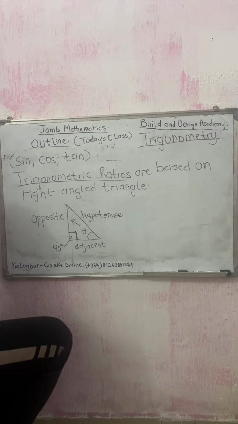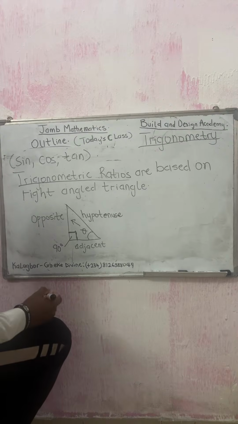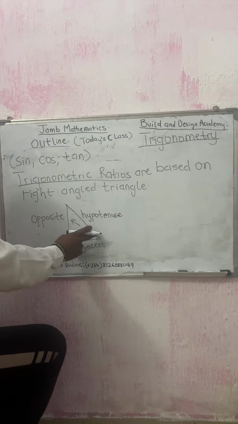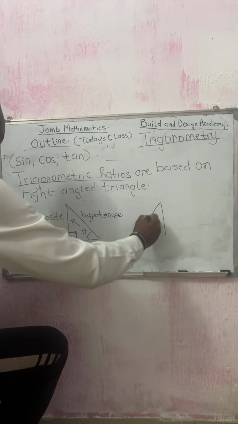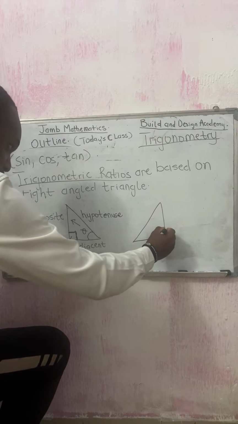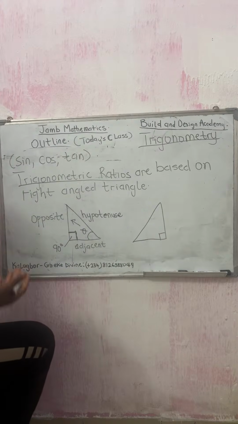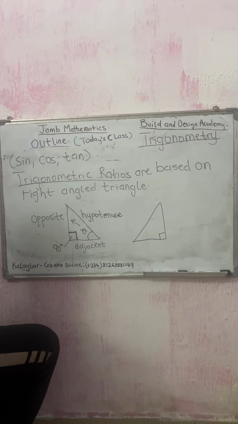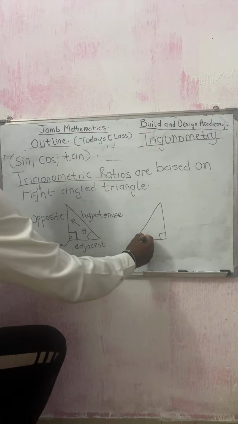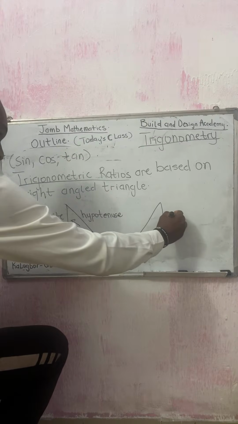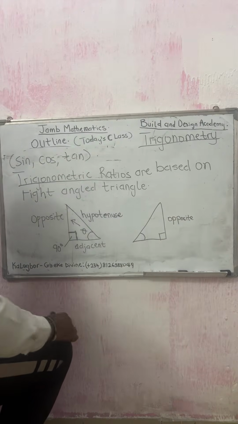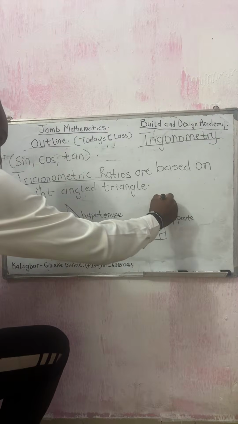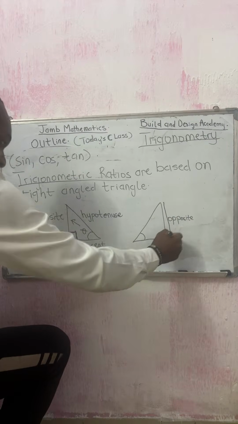Now, let's have another right angle triangle. It can be drawn like this. It can also be drawn like this. It's still the same thing, whether the angle is facing this side or this side. Now, if the angle is here, then this place from here to here will now be our opposite.